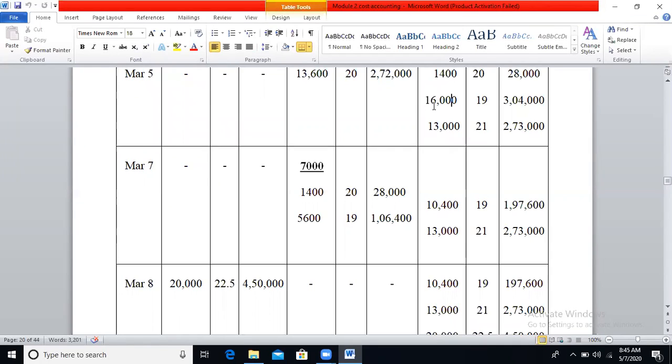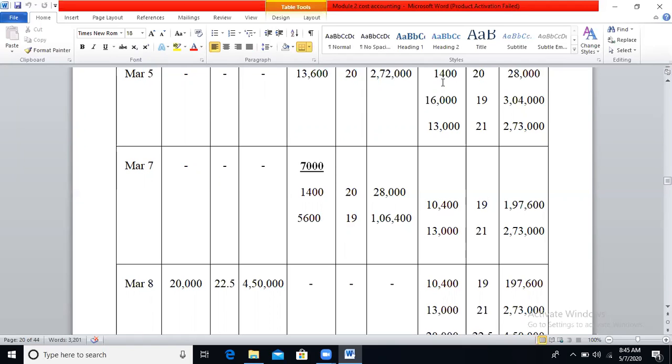So out of 16,000, if you deduct 5,600, you still have a balance of 10,400 units at rupees 19. You will get 1,97,600, and still 13,000 units are there in the balance. So 13,000 units at rupees 21, the total value will be 2,73,000.